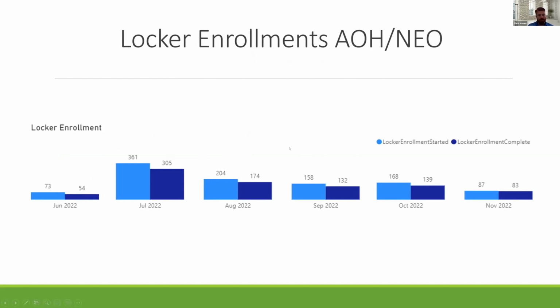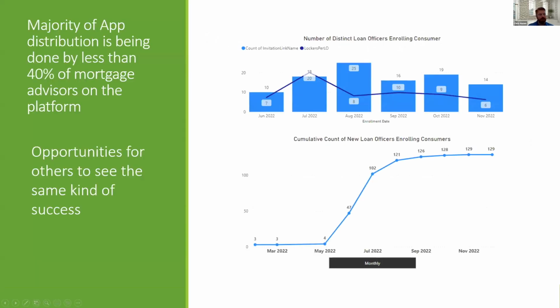But I wanted to jump into this because what we're seeing here from the data is only about 40% of the group here is actually issuing lockers on any sort of regular basis. So you can see here, up at the top of the screen, the count here is how many different LOs our mortgage advisors are sending out. So we can see 20, 25, 10, 9, and it drops.